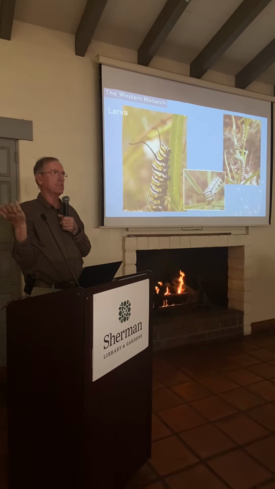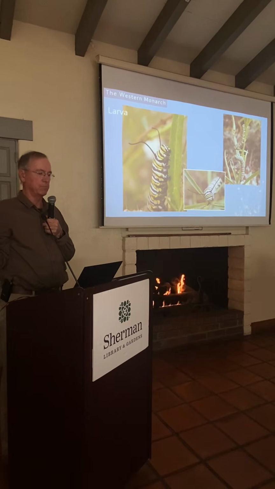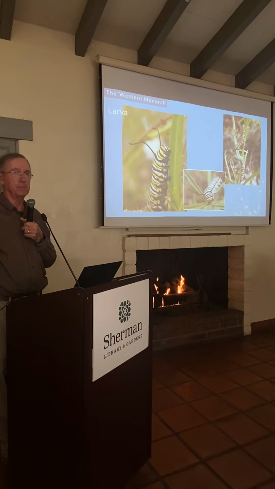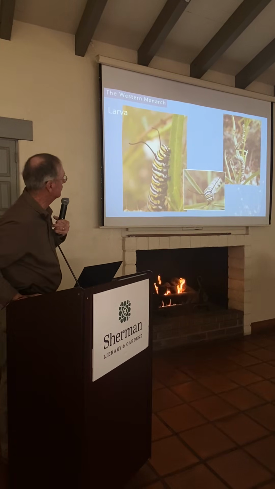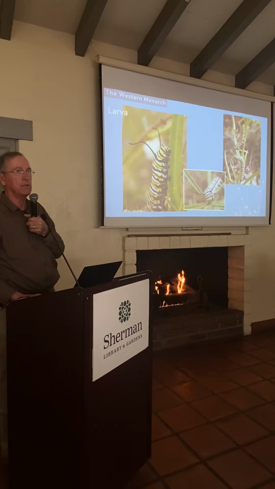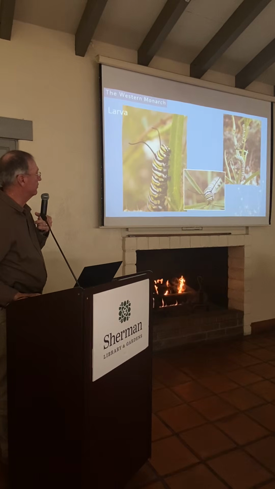There's conjecture as to what their purpose is, but it's probably a defense to predators, to protect them. So the caterpillar is very distinctive, not to be confused with other larvae and other butterfly caterpillars that you might see. That's what they look like. They're very, very pretty, kind of showy.